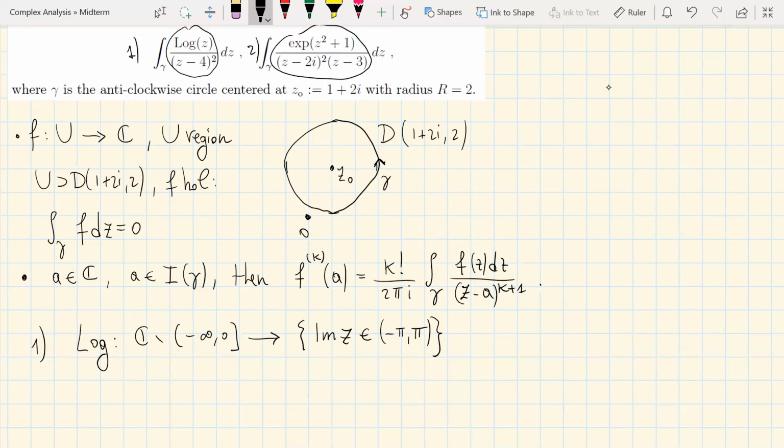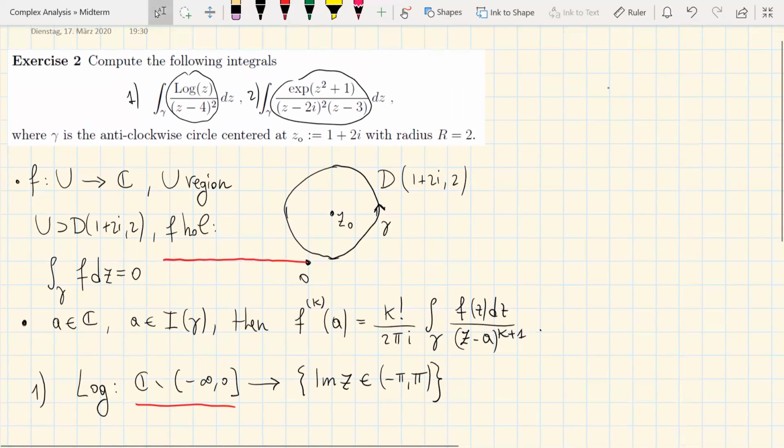So this region is the complement of this red line. So we see that the logarithm is holomorphic on the disk.